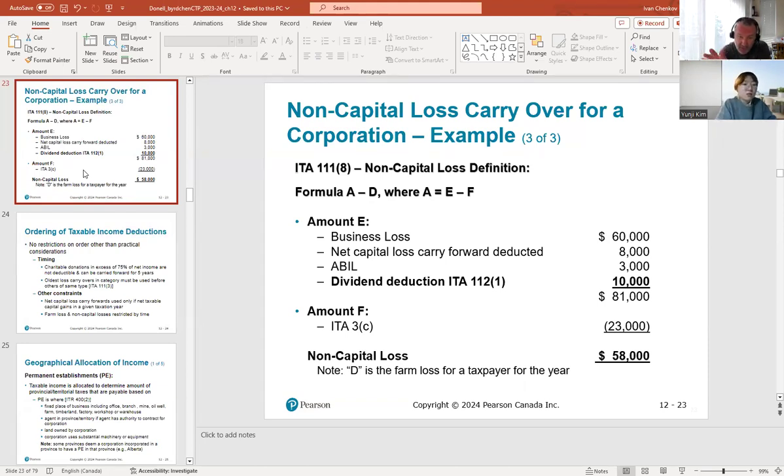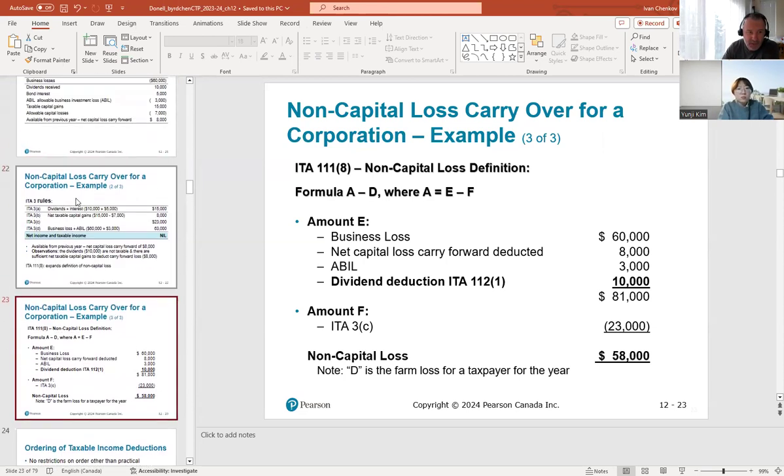But the capital loss is different. The capital loss can only be applied to the capital gain, right? Because in reality it's 50%. Oh, these are non-capital loss. That's why they're called that. That's why it's a different calculation, right?